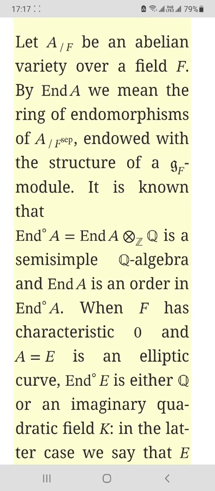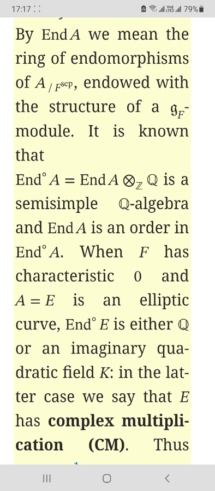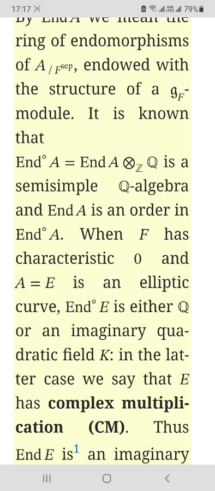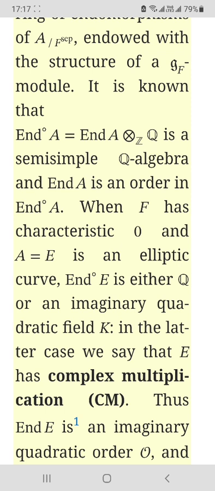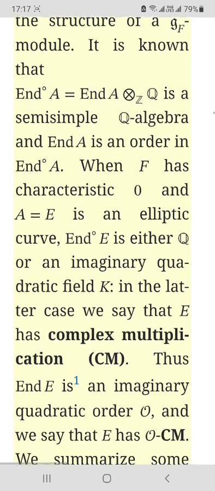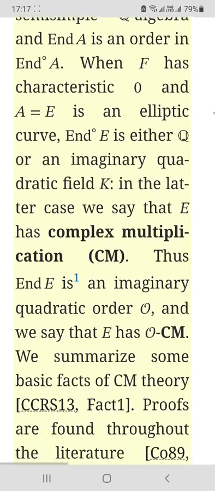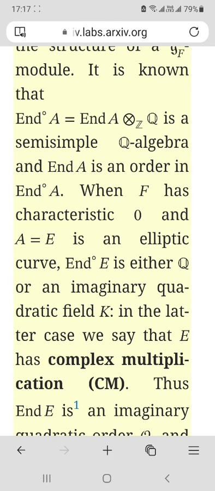Let A over F be an abelian variety over a field F. By the endomorphism of A, we mean the ring of endomorphisms of A endowed with the structure of a G_F-module, where G_F means the Galois group of F-bar over F. It is known that End^0(A), equal to End(A) tensor Q, is a semisimple Q-algebra, and End(A) is an order in End^0(A), that is the endomorphism algebra.